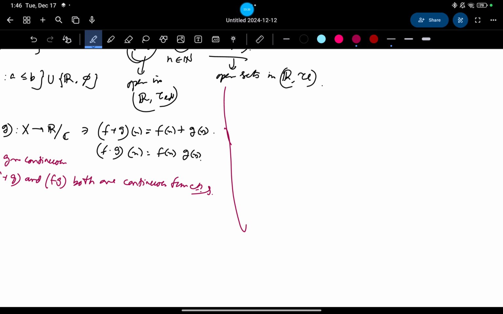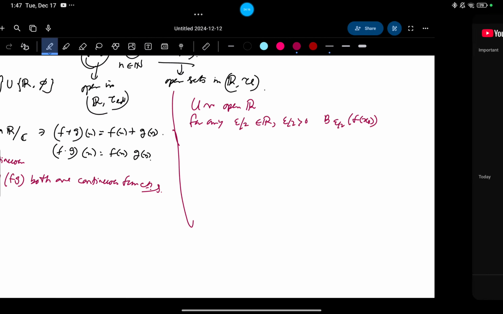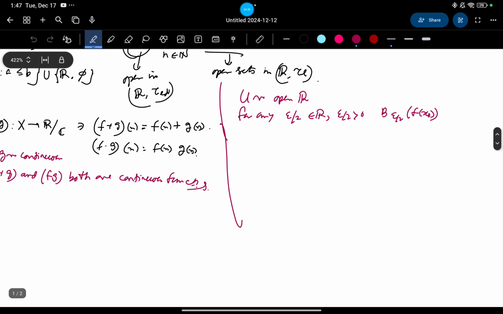Suppose we take any open set U that is open in R, so there exists some epsilon greater than 0, such that you can choose an open ball of radius epsilon by 2 around f of x naught.